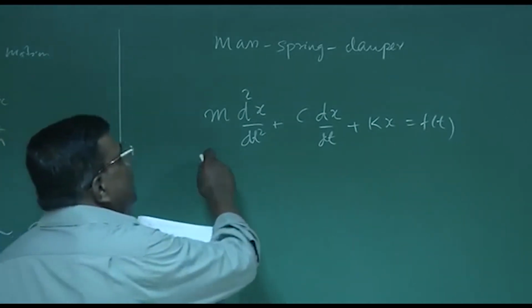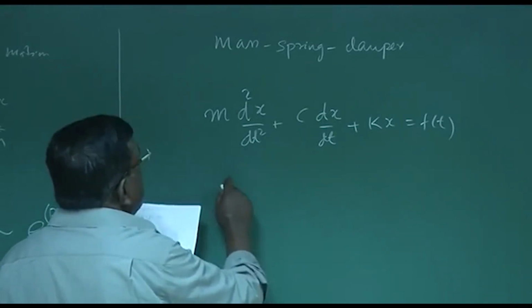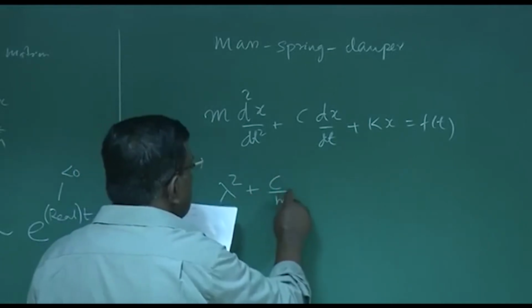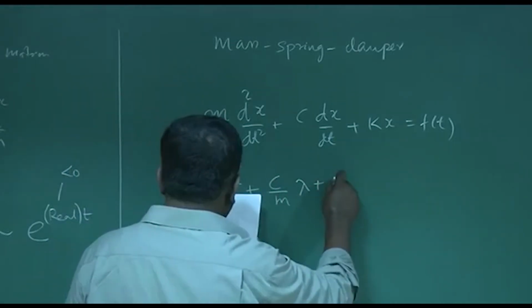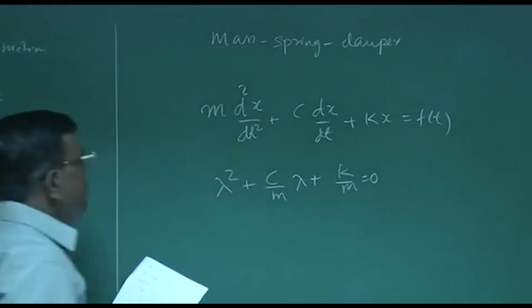Now, if I want to find the characteristic equation for the homogeneous solution, it will be lambda square plus c by m lambda plus k by m equal to 0. You are all familiar with this.